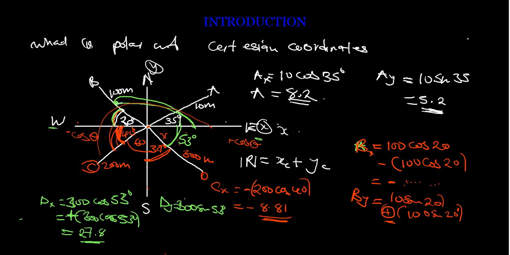Down here, y is negative, so d component y is equal to negative open bracket 300 sine 53 degrees. Then you punch, let's say after punching you have 21.2. It's negative because it's found below the y axis. So this is how you'll be treating them, very simple. That's how you'll be solving them.